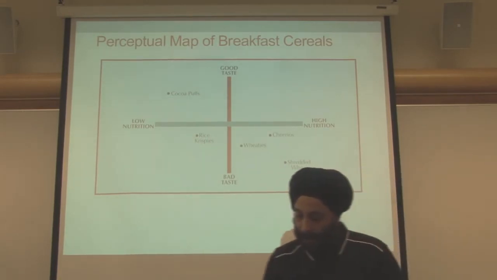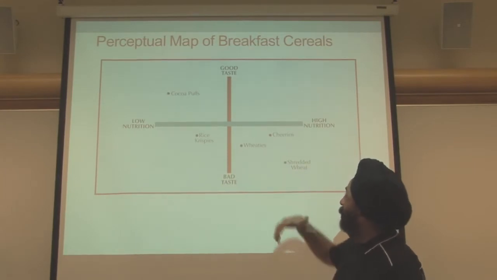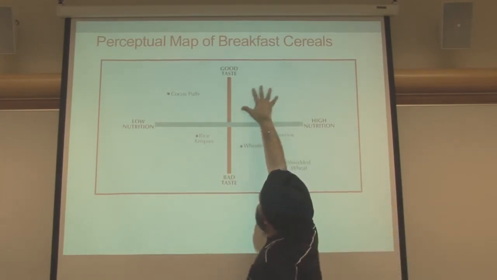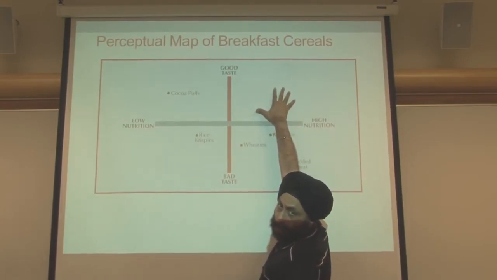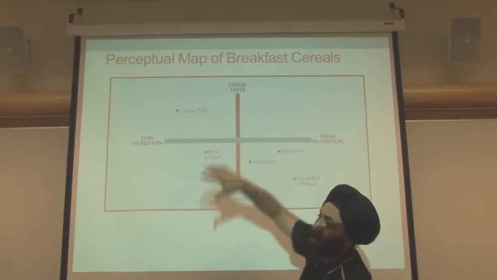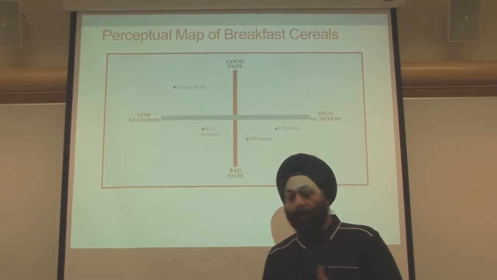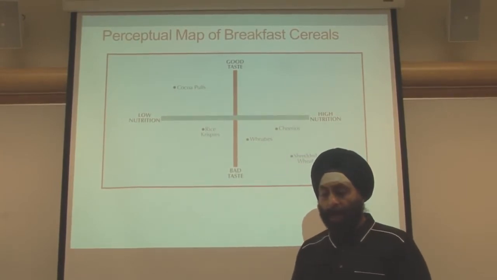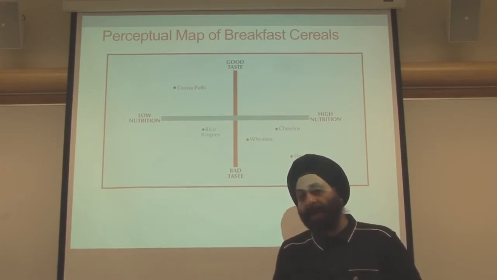So again, that's where one has to figure out what they would like, which is to come up with a new idea which may be in this quadrant, which is how can we provide high nutrition with good taste. One example of that in the breakfast cereal industry is a product like Fiber One, as they advertise.